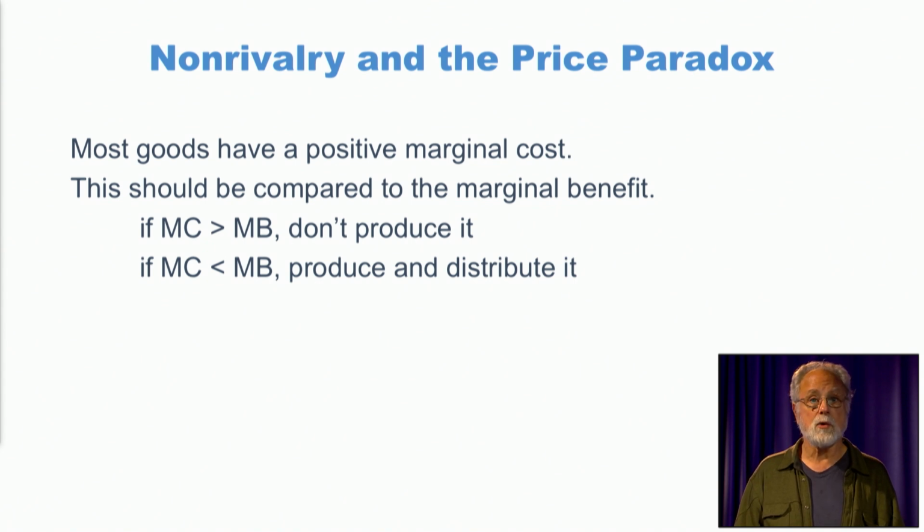Ideally, according to the market welfare model, you compare that marginal cost to the marginal benefit. So if the marginal cost of providing another unit of whatever it is is more than the marginal benefit, don't do it. If the marginal benefit is more than the marginal cost, then you do it. And that's how the market welfare model is supposed to work.